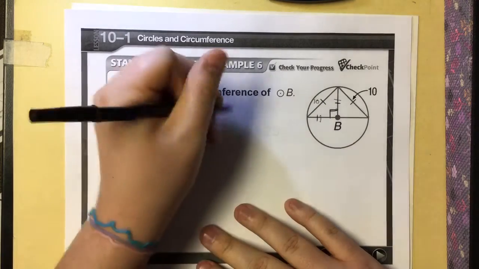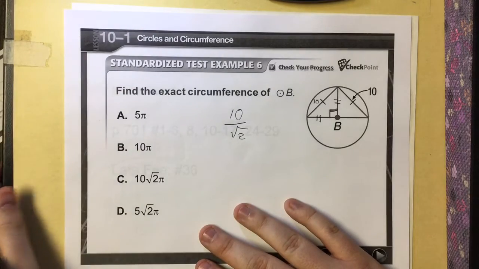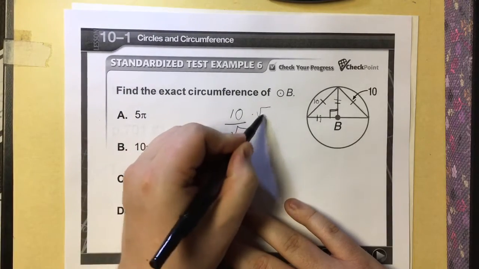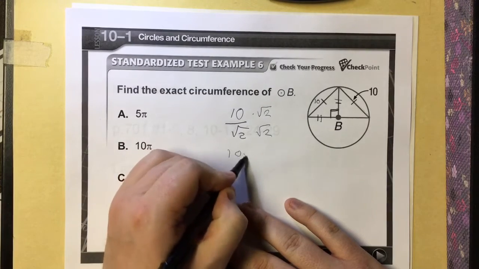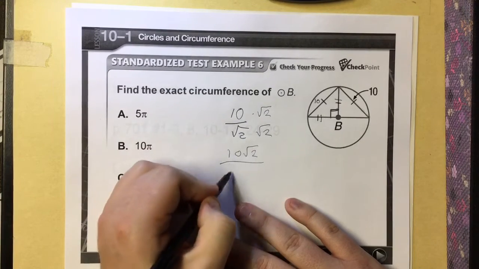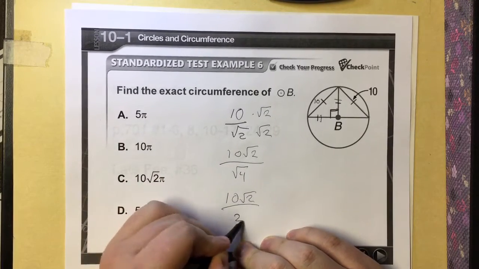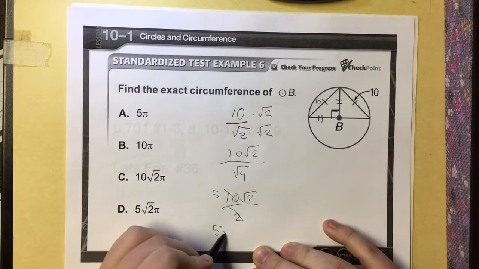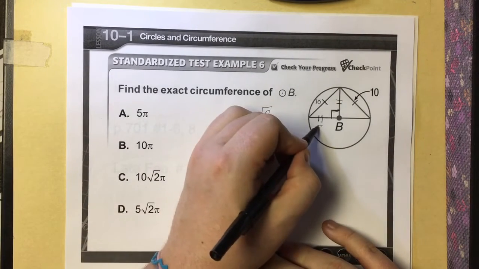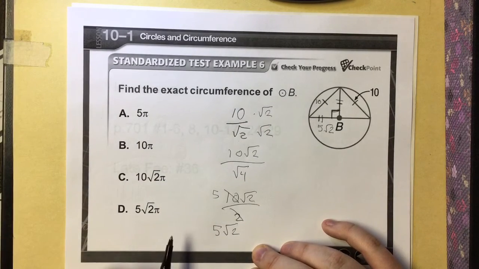We know the hypotenuse. To find the leg, we divide by the square root of 2. So we multiply top and bottom by the square root of 2, and we get 10 radical 2 over square root of 4. Square root of 4 is 2, so 10 radical 2 over 2. 10 divided by 2 goes down to 5. So 5 square root of 2. The radius, any radius of that circle, is 5 times the square root of 2.